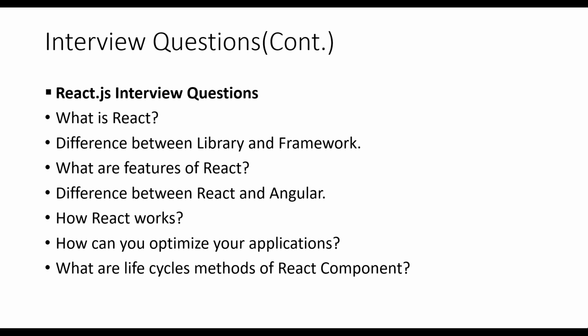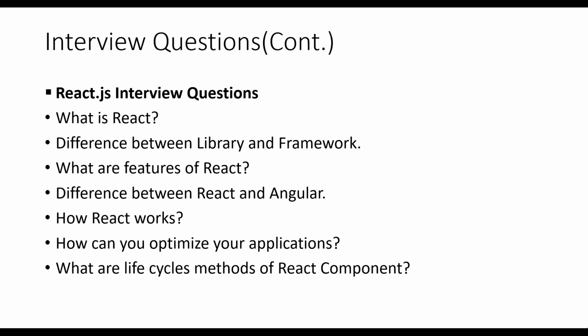So for every change, we are not changing the real DOM. We are directly comparing the virtual DOMs, and then implementing it in our UI. So that is the working of React.